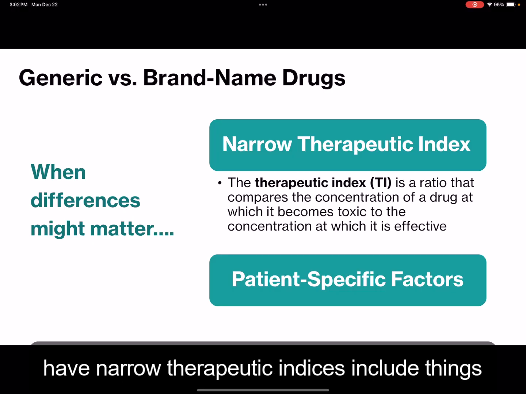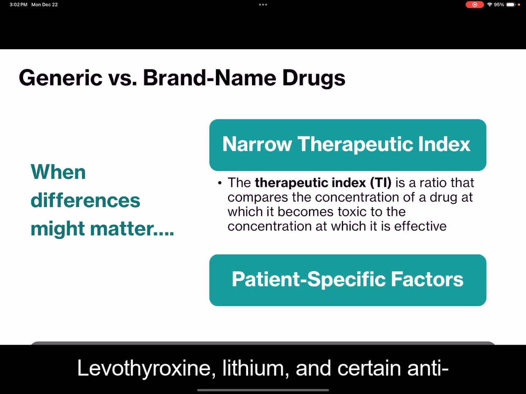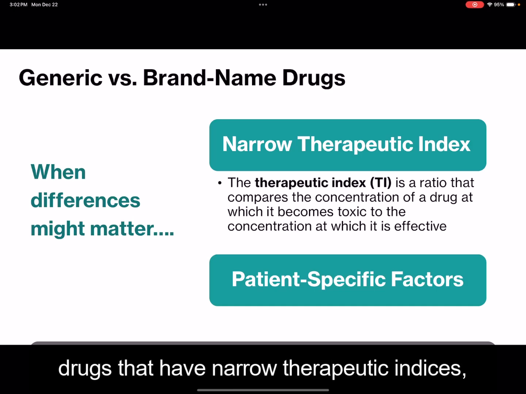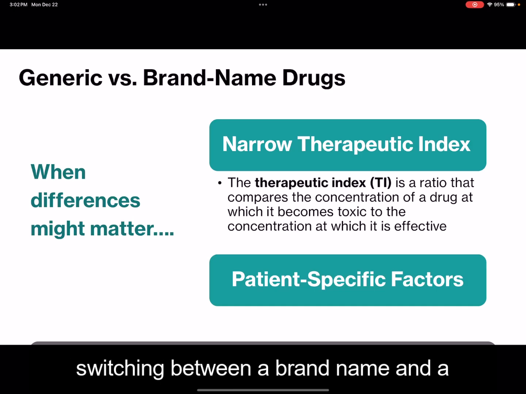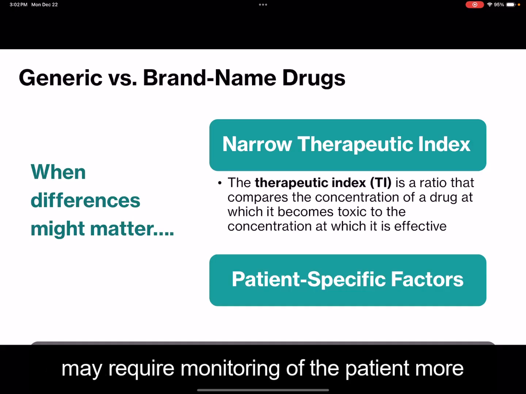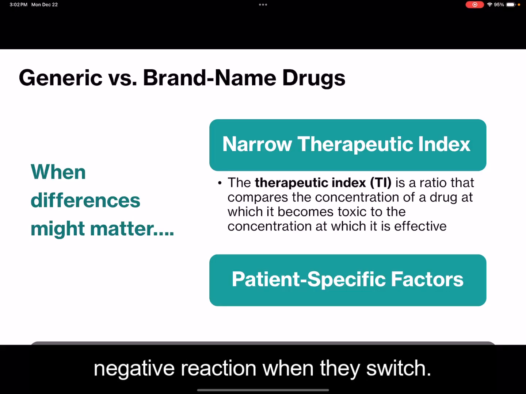Examples of drugs that do have narrow therapeutic indices include things like warfarin, a blood thinning drug, levothyroxine, lithium, and certain anti-seizure medications. So for these types of drugs, switching between a brand name and a generic or between two different generic drugs may require monitoring of the patient more closely to make sure that they don't have a negative reaction when they switch.